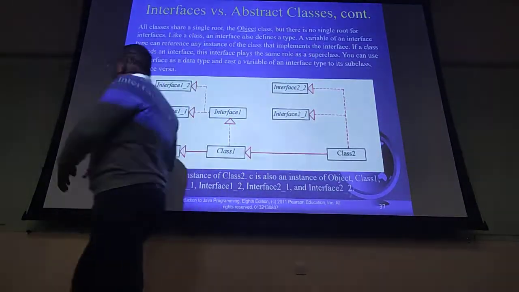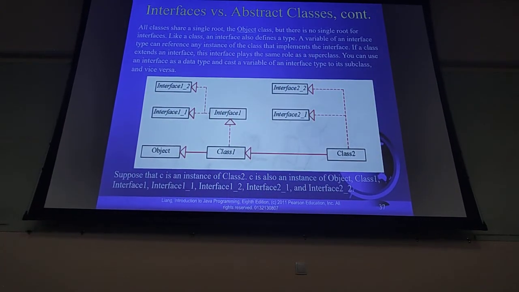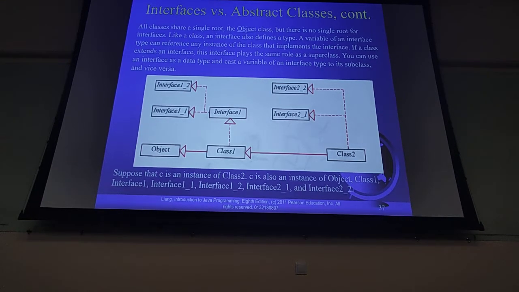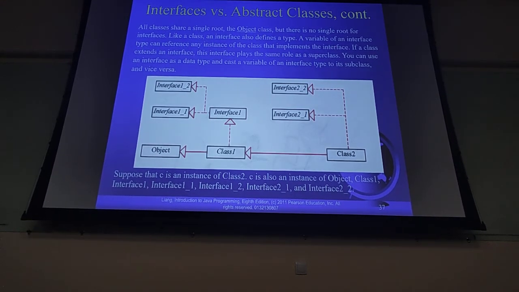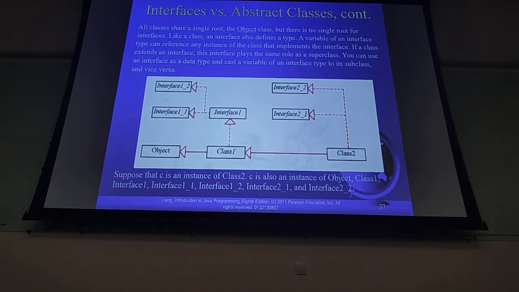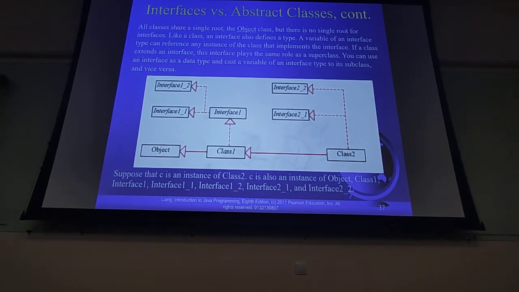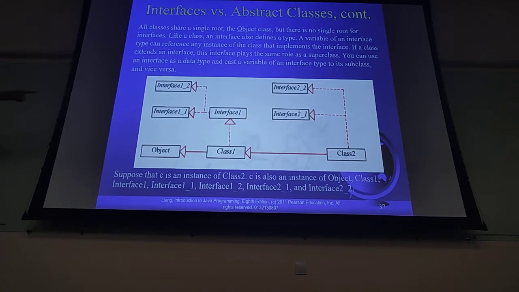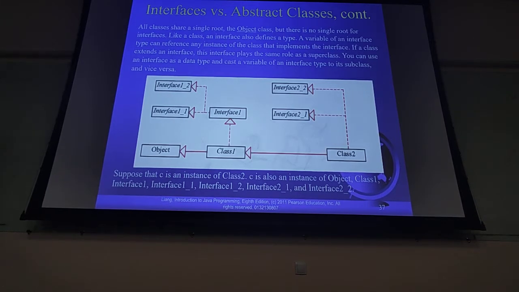Interface 1 implements interface 1 underscore 1 comma interface 1 underscore 2. That is not with extends.